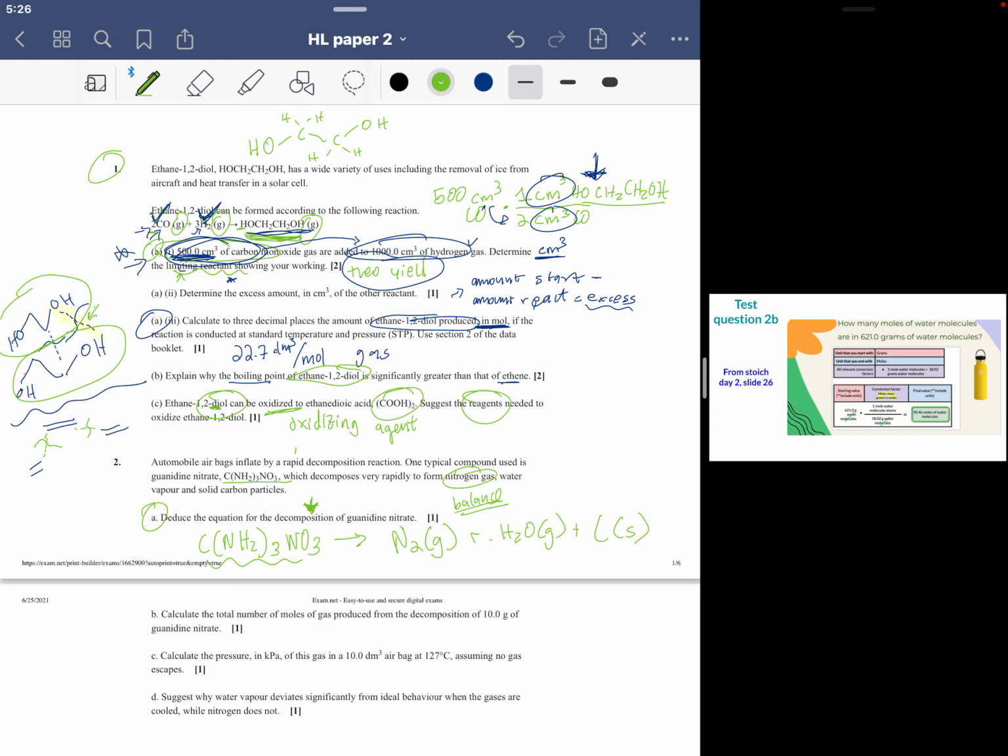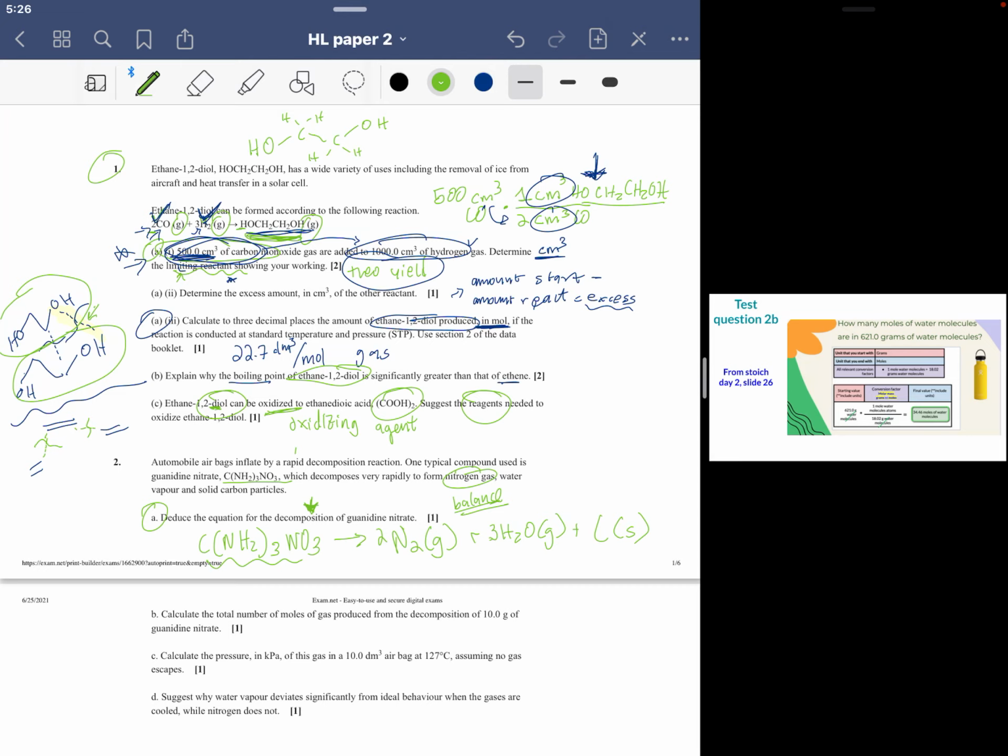You did need to balance there in order to get full points. I believe the coefficients were 2 and 3, and then that might get us to balance. Let's see, 4, 3 oxygens. I think that's right. Yep, we're good. Okay.